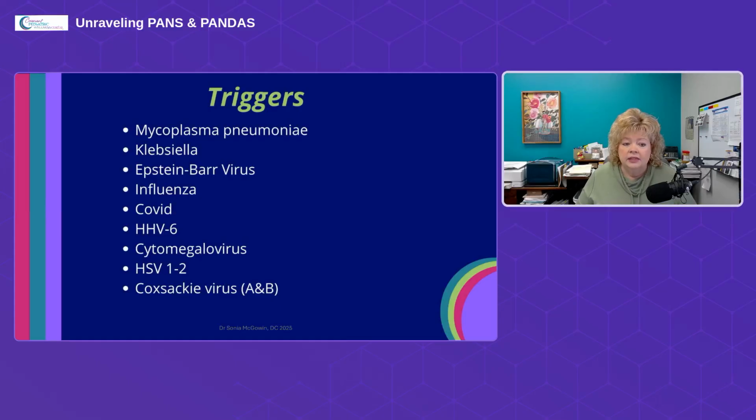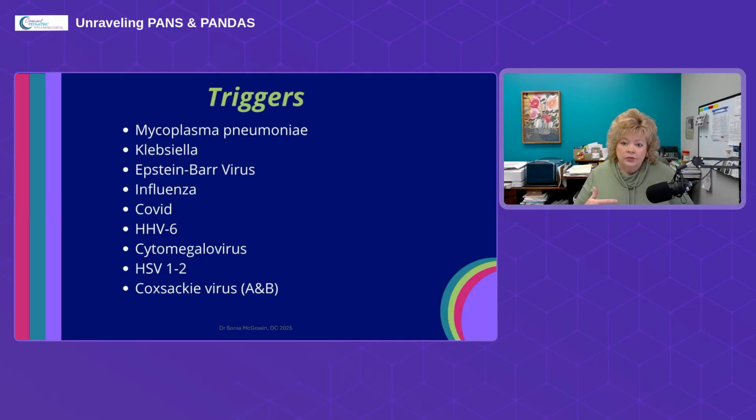We also see things like influenza and COVID causing this, Klebsiella, HHV6, cytomegalovirus. So lots of childhood viruses that we're all exposed to that our immune system should just handle and move on.